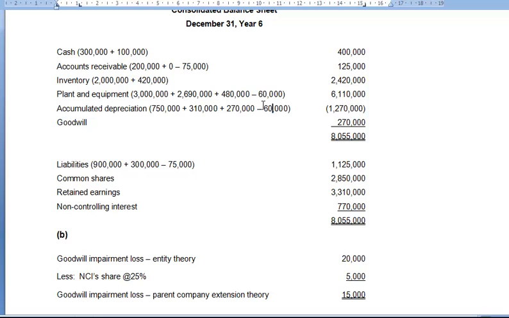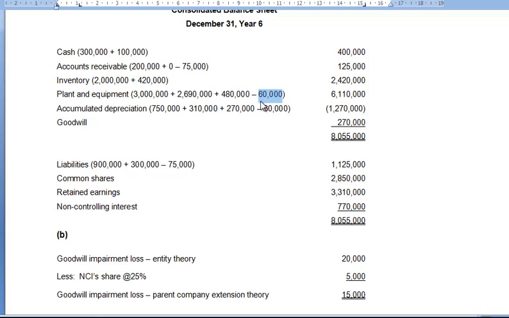So this writes off the accumulated depreciation basically directly to the plant and equipment, so that it shows the plant and equipment at net. So it's kind of like whatever the plant and equipment was valued at the date the two became related, we deduct the $60,000 from that because we're not picking it up.